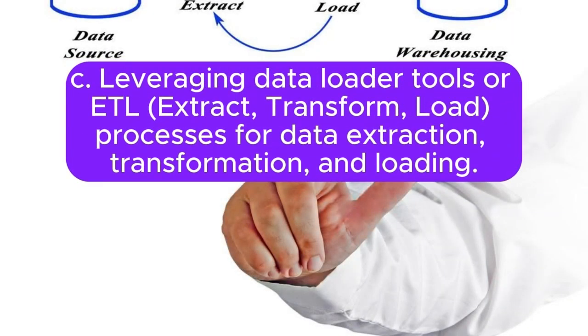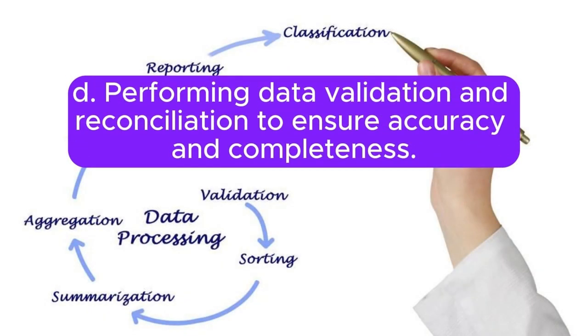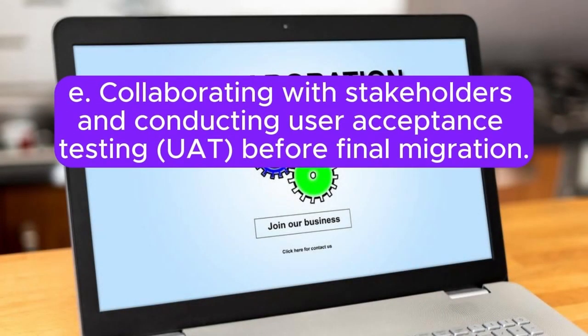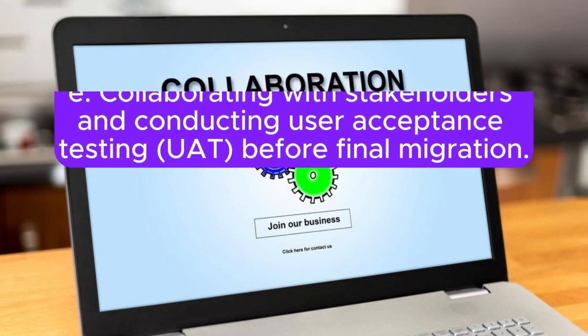C. Leveraging data loader tools or ETL (extract, transform, load) processes for data extraction, transformation, and loading. D. Performing data validation and reconciliation to ensure accuracy and completeness. E. Collaborating with stakeholders and conducting user acceptance testing (UAT) before final migration.